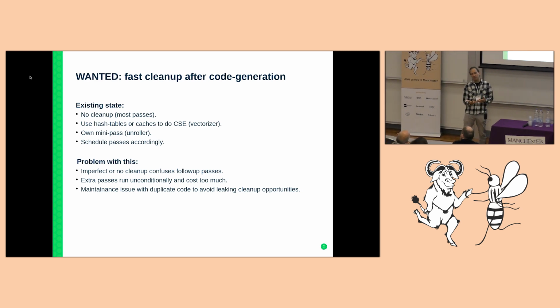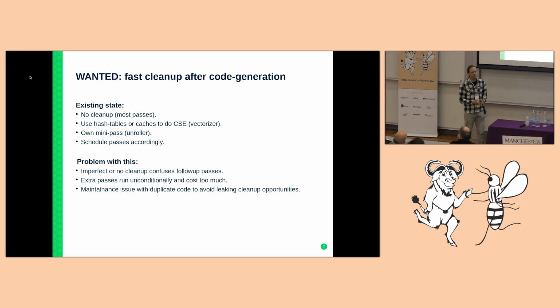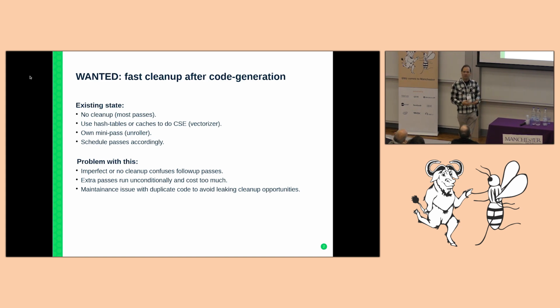So why? Because in a lot of places in the compilation pipeline we'd like to perform some basic cleanups, because our code generation, like we do in the vectorizer, isn't perfect. For example, the vectorizer leaves around redundant induction variables, and sometimes redundant loads.